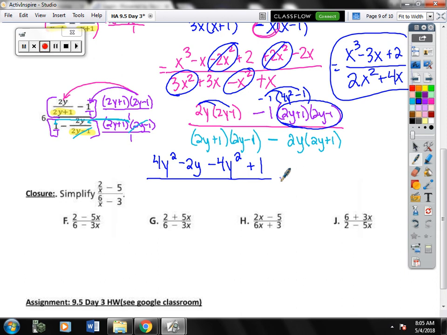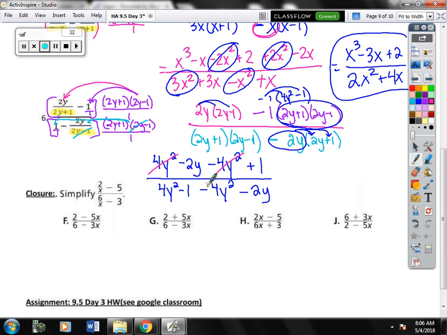And the denominator, again, we'll FOIL those, which is the same thing as up here. So we'll get 4y squared minus 1, just like we have in the top. And we'll distribute a negative 2y to get a minus 4y squared and a minus 2y. And then we just clean up our tops and bottoms.